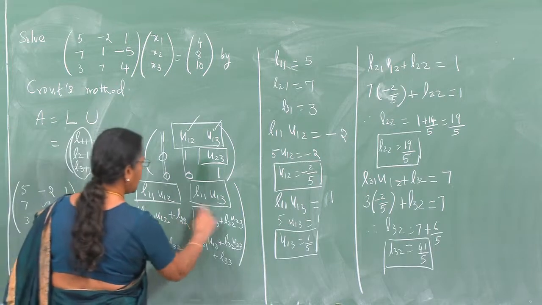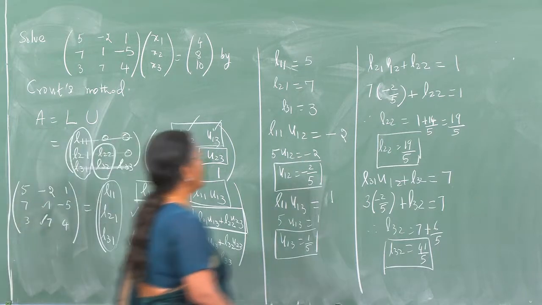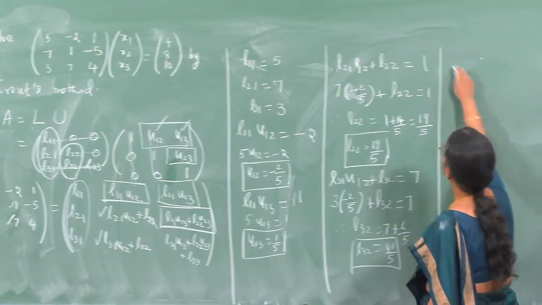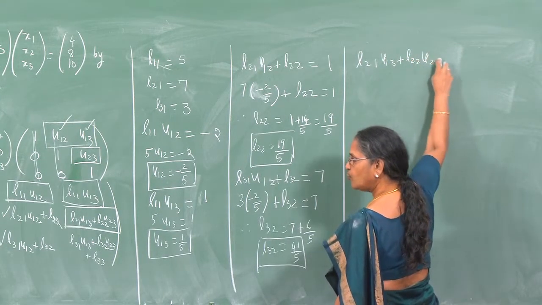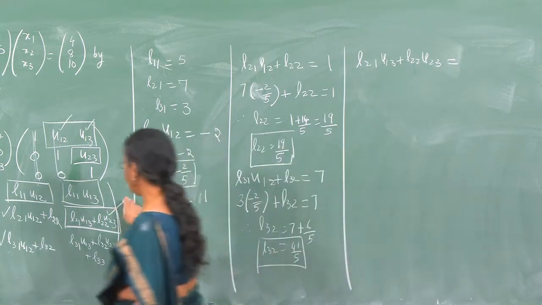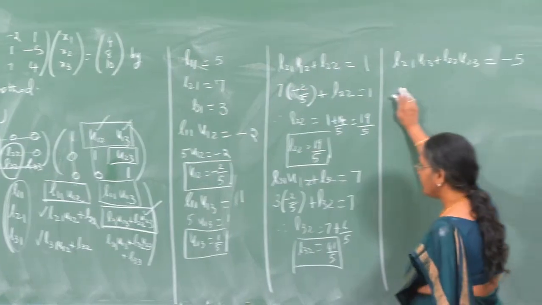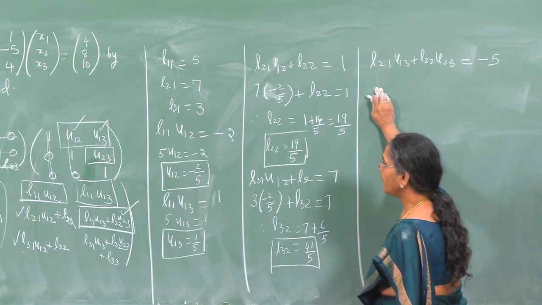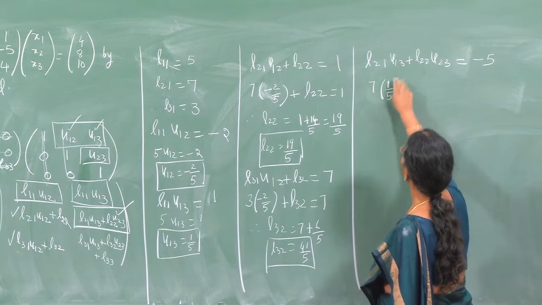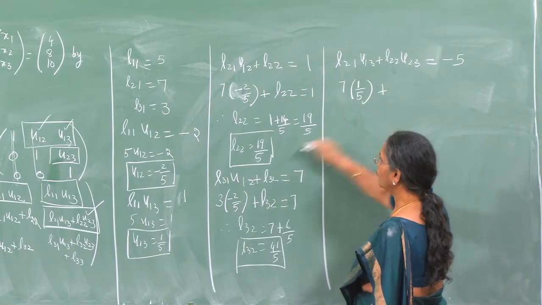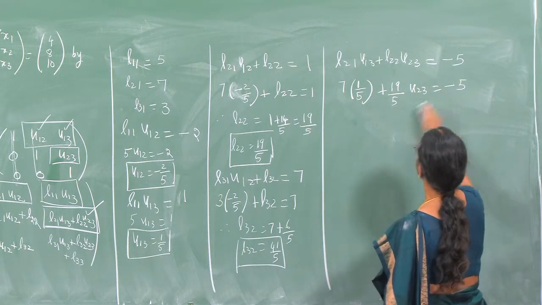So, we have to equate this entry to the corresponding entry in the A matrix. That gives you L21 U13 plus L22 U23, and so equate this to minus 5. So, in this L21 is known as 7, U13 is 1 by 5, L22 is 19 by 5, the unknown is U23.